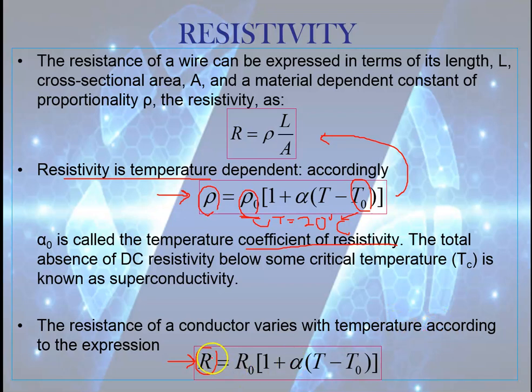As you can see from this relationship, when the delta T is higher, then the R over here will be higher if this is constant. So that was the relation between the resistivity, the resistance, and temperature.